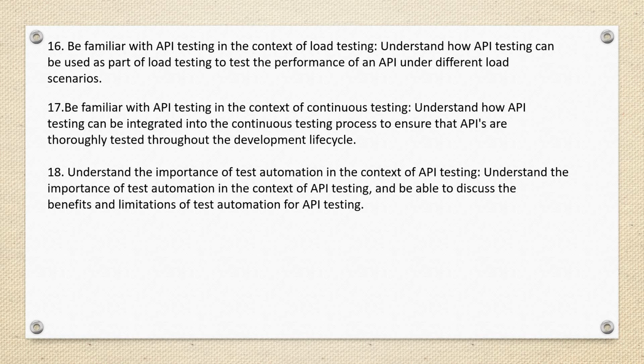For all the APIs, you can increase the virtual users and hit the same platform, and the correlation IDs of every request can tell you the load difference, what is happening. Be familiar with API testing in the context of continuous testing also.